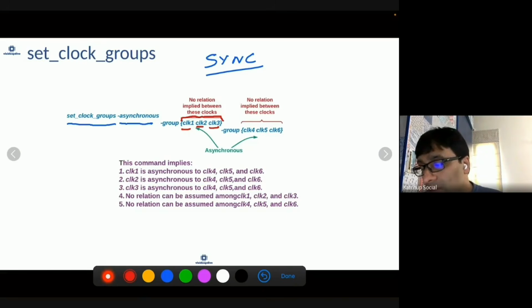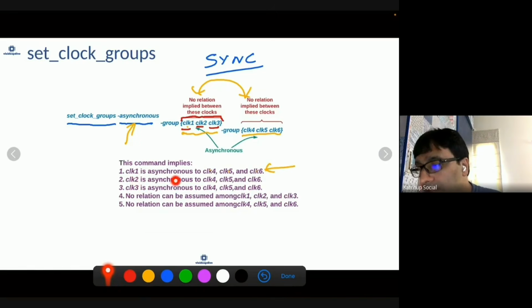The only relation which is implied is across the groups. And what this command is saying, because I am using the asynchronous option, is that clocks in this group are asynchronous to clocks in the second group. So that means clock 1 is asynchronous to clock 4, clock 5, and clock 6.